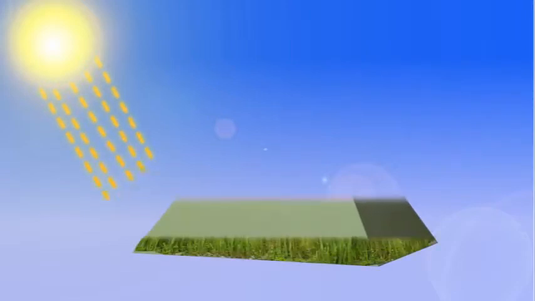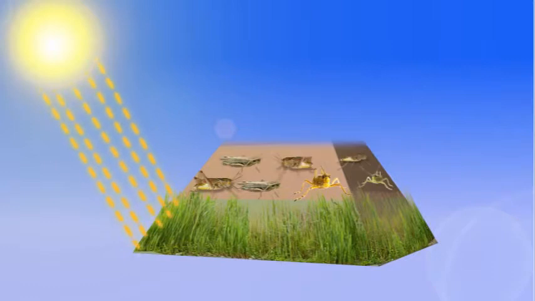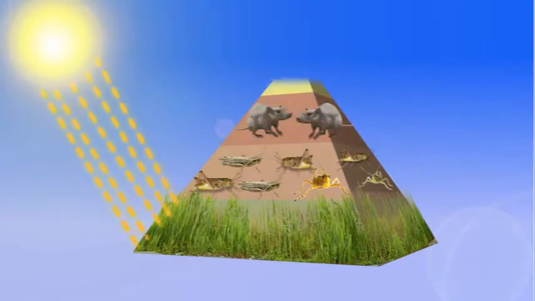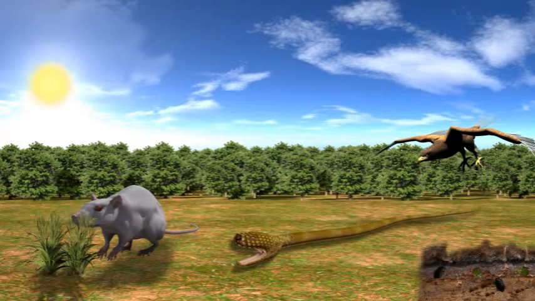The interactions among various components of the environment involve flow of energy from one component of the system to another. How does this flow of energy take place? As we know, autotrophs capture the energy present in sunlight and convert it into chemical energy.